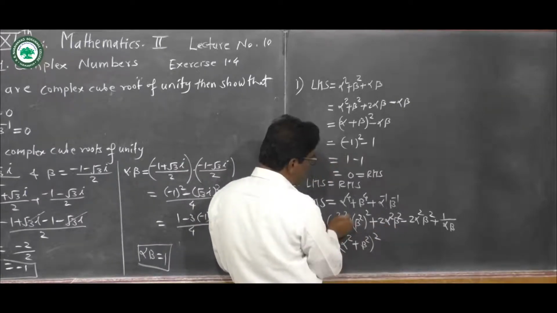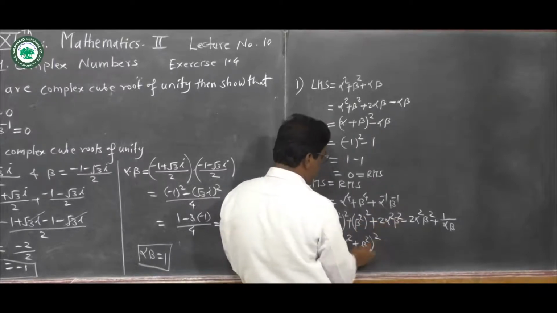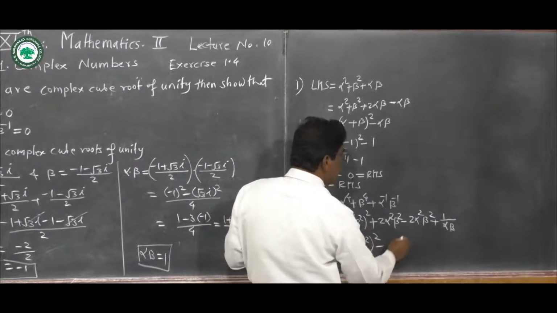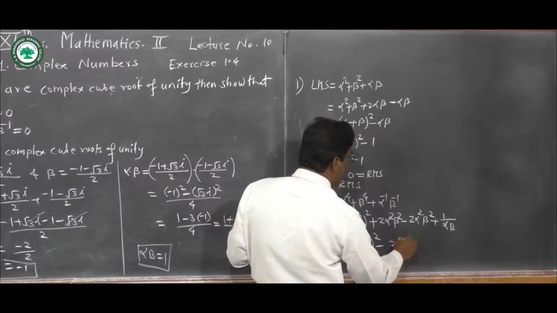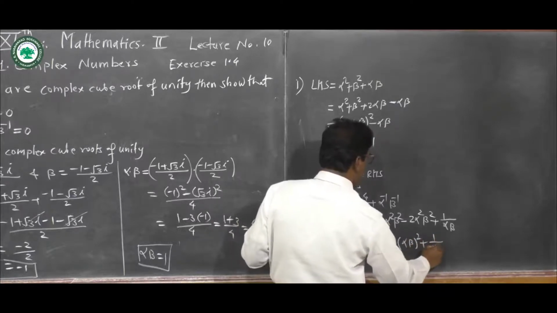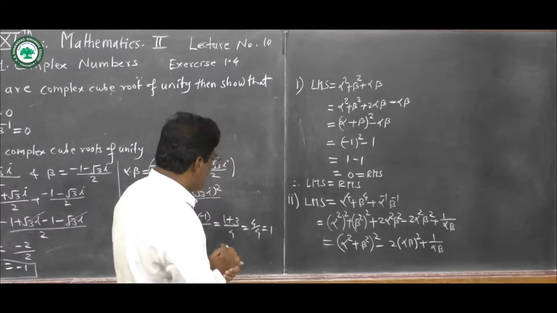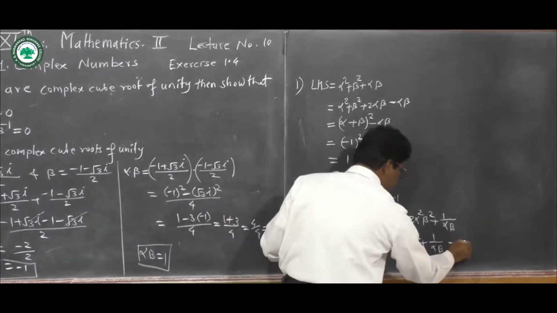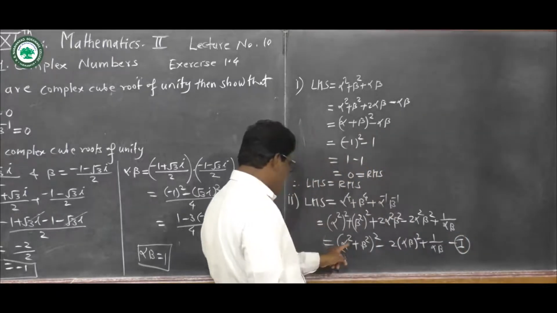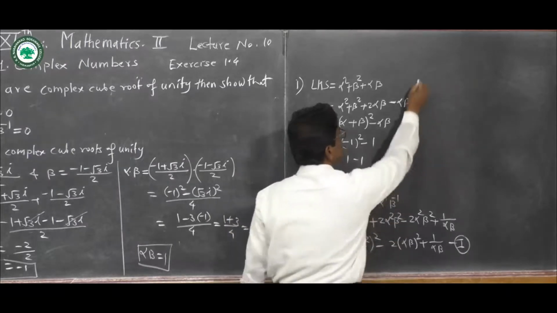Here alpha square to the square plus beta square to the square plus 2 times alpha square beta square, we write as alpha square plus beta square to the square, minus 2 into alpha beta bracket square, plus 1 upon alpha beta. We call this equation number first. And now we have to find alpha square plus beta square.